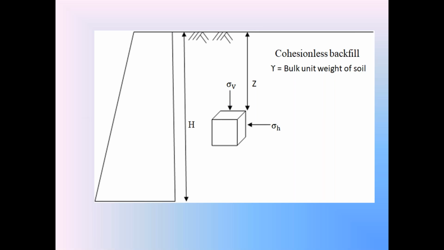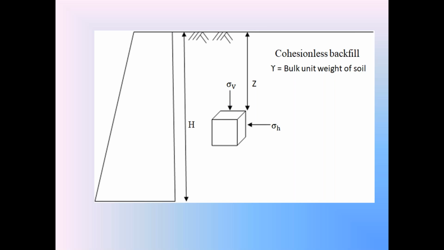Dear students, please listen to this carefully, very, very important. So far, we discussed the rest condition of this soil element and we prepared the Mohr stress circle AB for the rest condition. That is Mohr stress circle 1. B is the vertical stress sigma V. A is the horizontal stress sigma H in the rest condition.